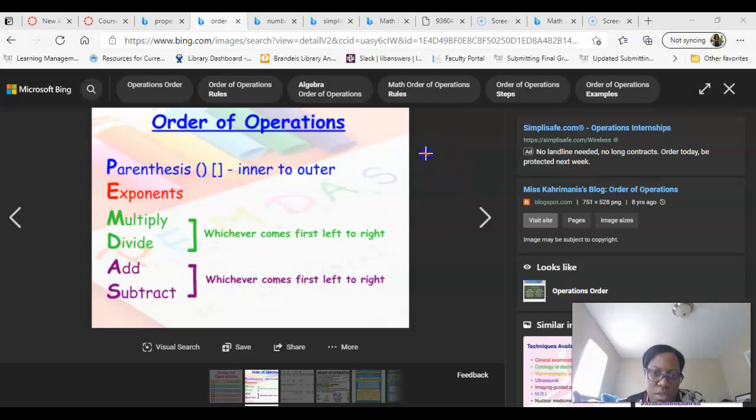3 times, in parentheses, 1 plus 3. All right, so parentheses first. 1 plus 3 is 4.